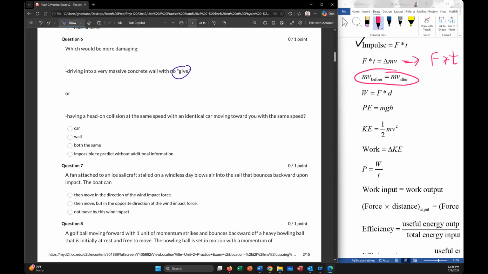This question doesn't give us a lot of information. It's telling us it's a massive concrete wall, but what if you hit the wall and you reflect? What if you hit the wall and you stop? Here the momentum becomes zero. Here you have one momentum reaching the wall, and one momentum when it's reflecting back.